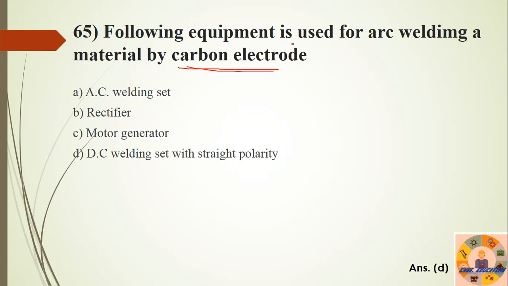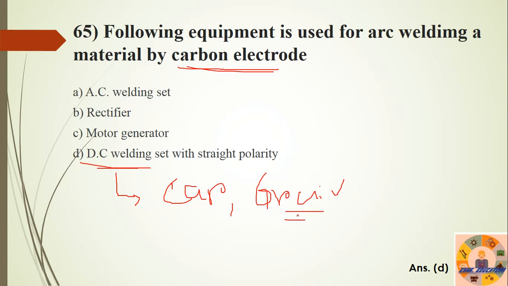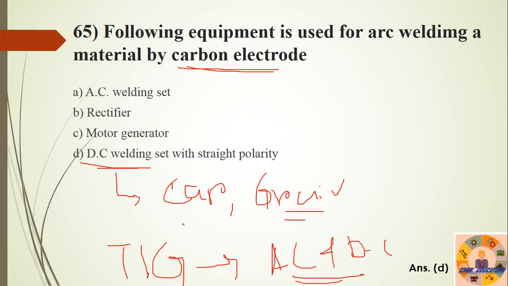And for DC welding, carbon and graphite electrodes are used. In TIG welding, both AC and DC can be used.